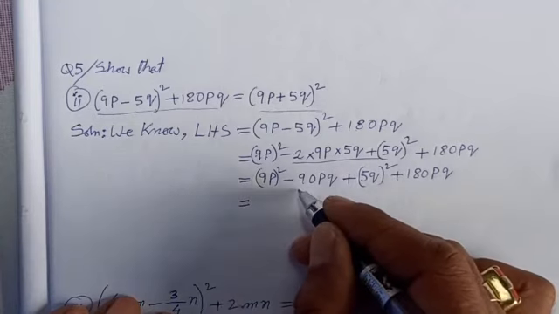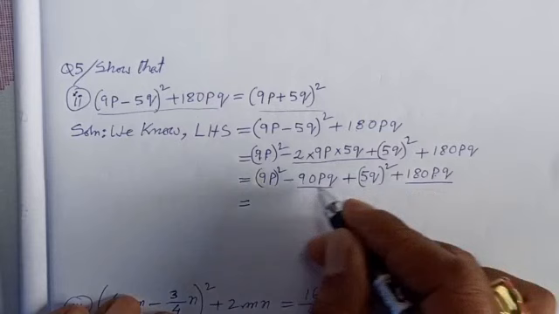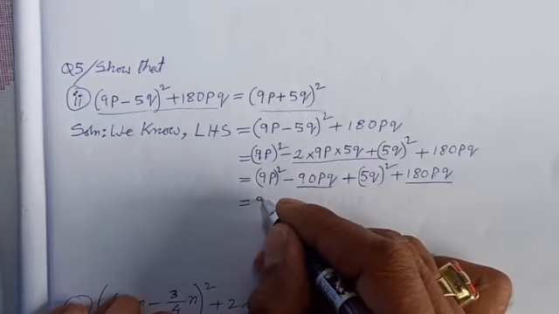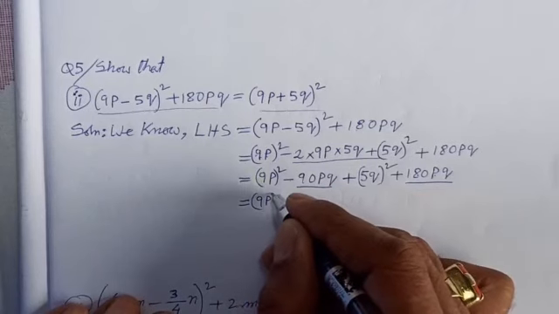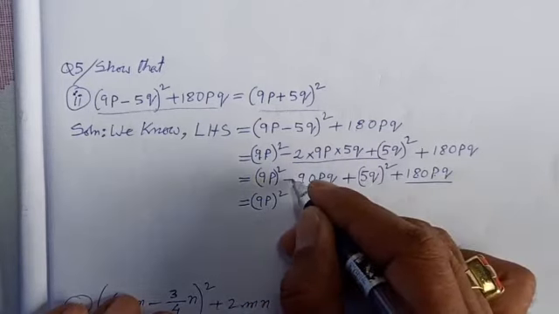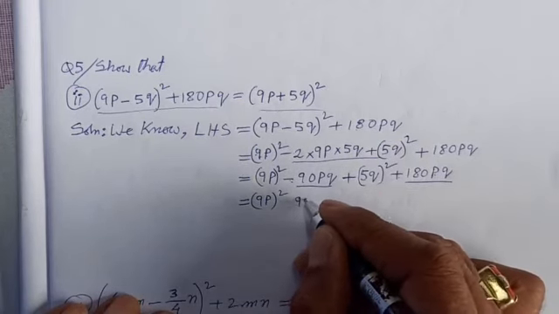You see these two are like terms, pq, pq, but this is minus, this is plus, signs are different, so we have to subtract. First let's write 9p whole square, then since this is plus and this minus, we are subtracting these two. 180 minus 90 is 90pq.